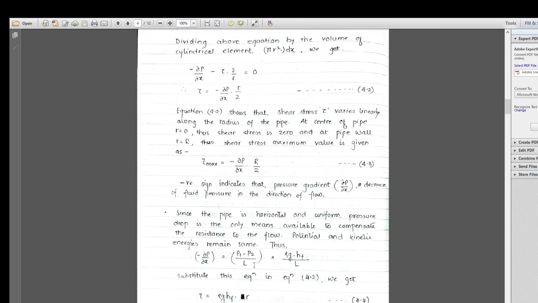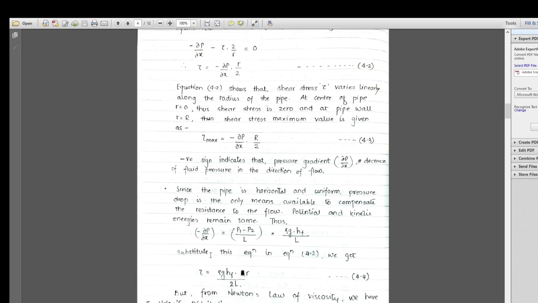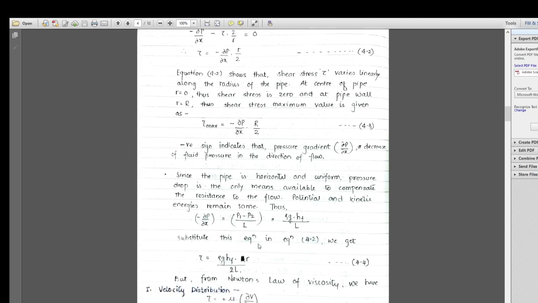So we can write minus delta P by delta X is equal to P1 minus P2 by L. Therefore, we can write it as rho g into HF by L. Substituting this in equation 4.2, in this tau formula, we will get tau is equal to rho g into HF into R upon 2 into L. Let this equation be 4.4.